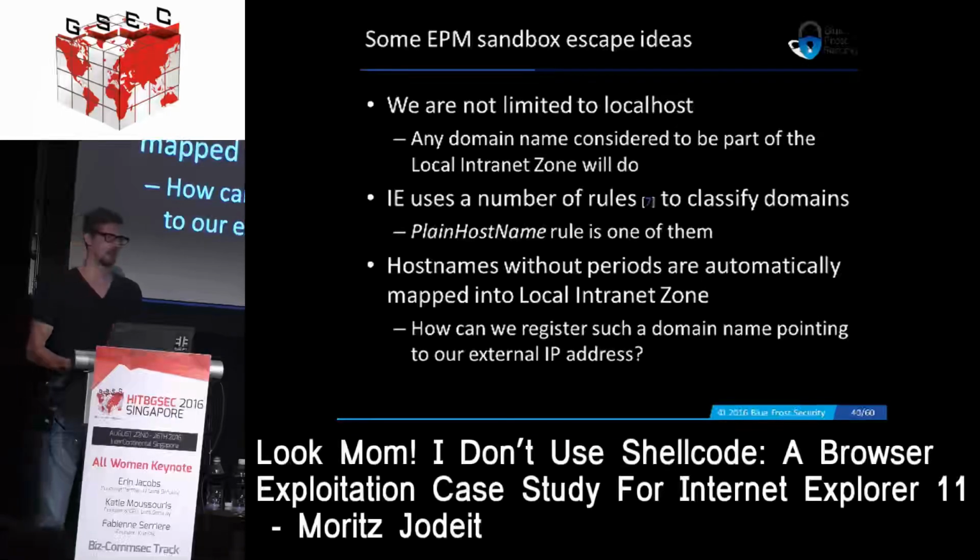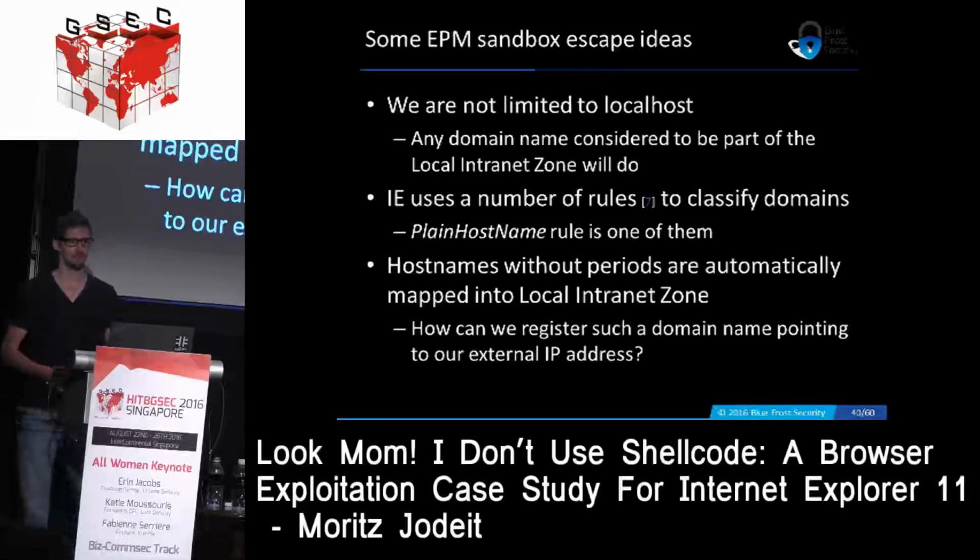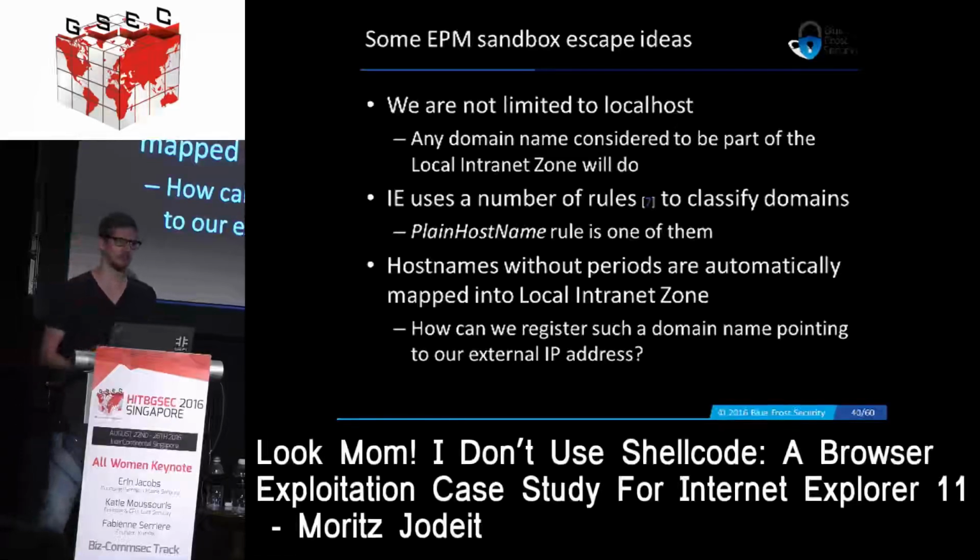So we were trying to find out how IE actually decides if a site is part of the local intranet zone. There's one really simple rule, called the plain hostname rule, which basically says that if the domain name of the URL doesn't contain any periods, it's automatically mapped into the local intranet zone.